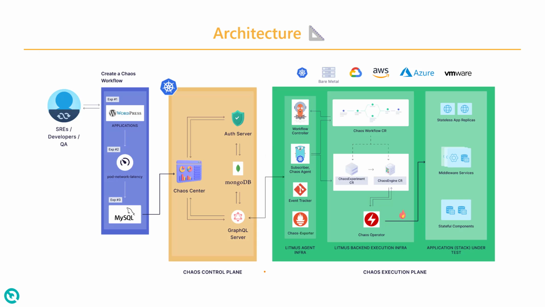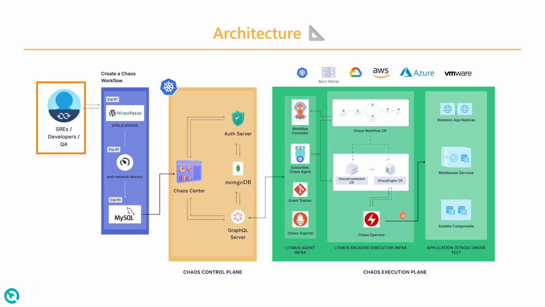Okay, now let us talk about the LitmusChaos architecture. It is a little bit complex if you try to understand each component, but I'll try to explain on a very high level so that you can concentrate on creating the experiments and testing the resiliency of your application under test. In this architecture, on the left side, we have the target audience.